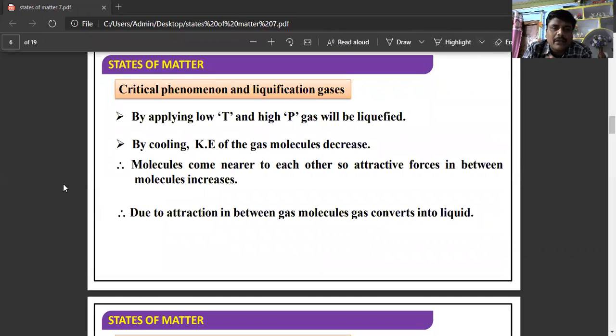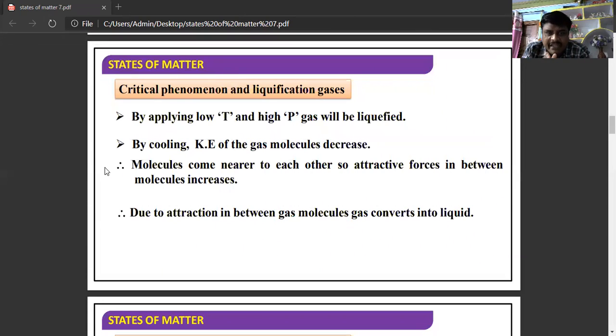By cooling, when we decrease the temperature, the kinetic energy of the gas molecules decreases. Then the molecules come closer to each other, so the attractive forces between the molecules increase. Due to these interactions, the gas converts into the liquid state.